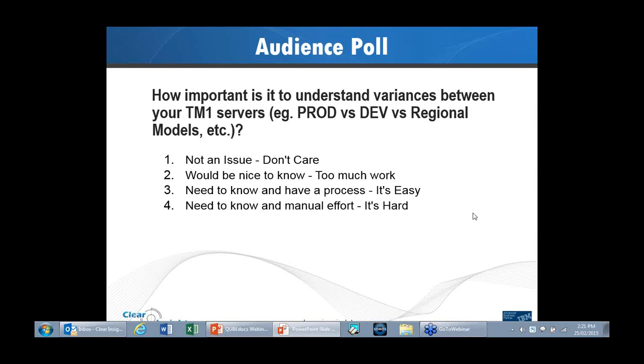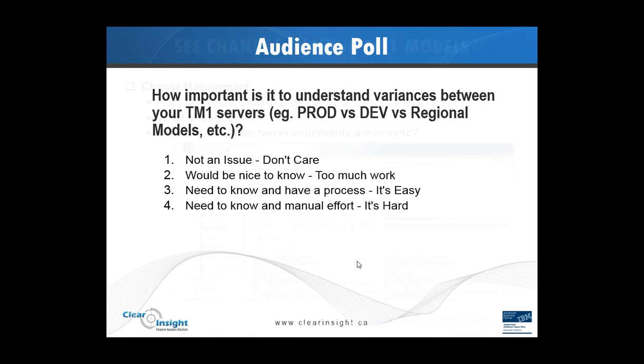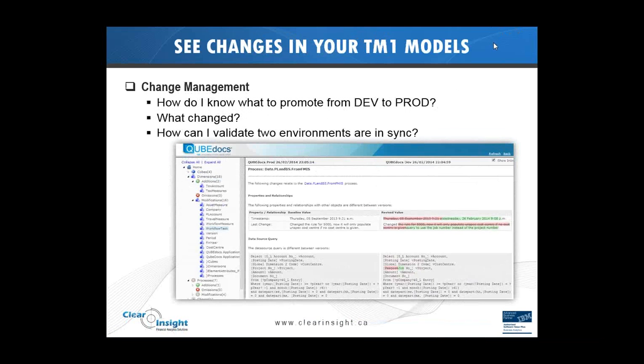And so with that background, one of the tremendously powerful things within QUBEdocs is change management. Basically what you do, and Bob will show this, is you're able to point QUBEdocs at multiple TM1 servers, and it will automatically go out and search those servers and generate pages that demonstrate what the changes are and what the differences are in the two environments.